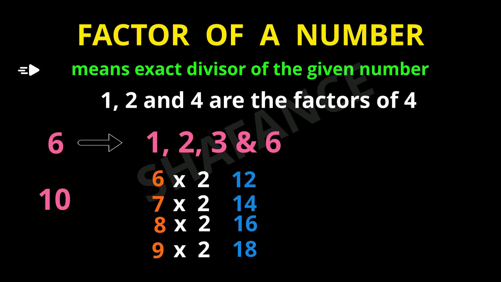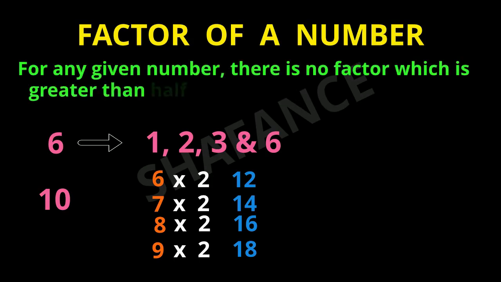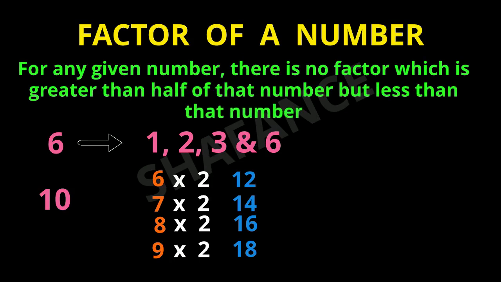So 5 multiplied by 2 would result in 10. So since 6, 7, 8 and 9 are greater than 5, the result of their multiplication with 2 would be greater than 10. And if we multiply these numbers by any number greater than 2, then the product would still be higher. So what we can see is, for any given number, there is no factor which is greater than half of that number but less than that number.